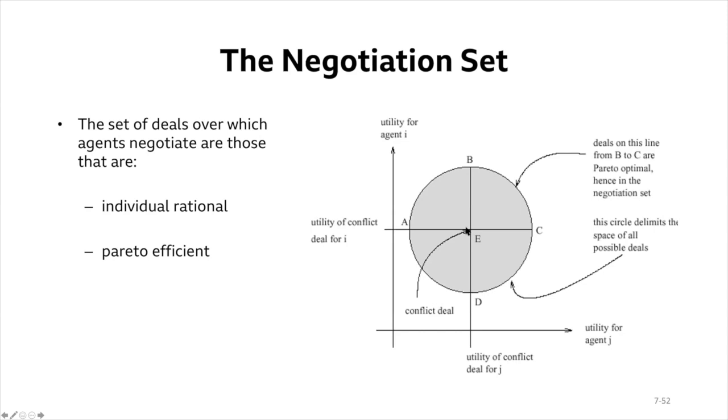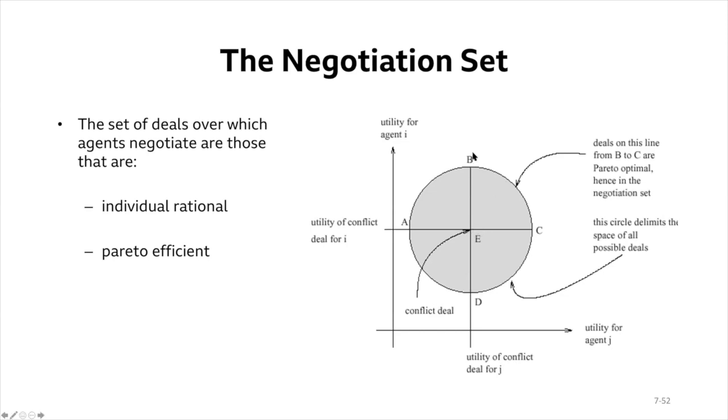So suppose agent I proposed a deal which was to the left of that vertical line, the 0 y-axis. Okay. Well, agent J would immediately reject that because it would do better with the conflict deal.